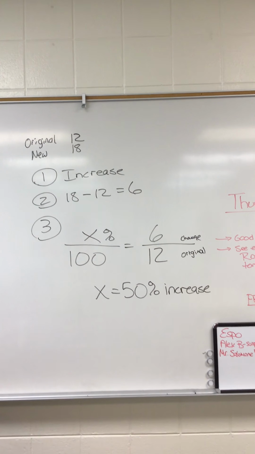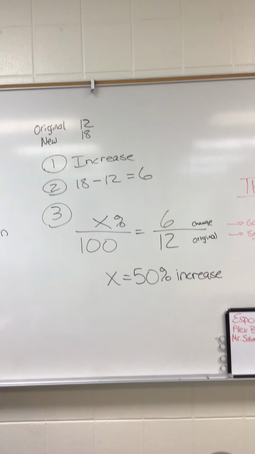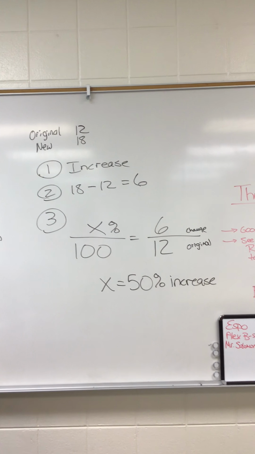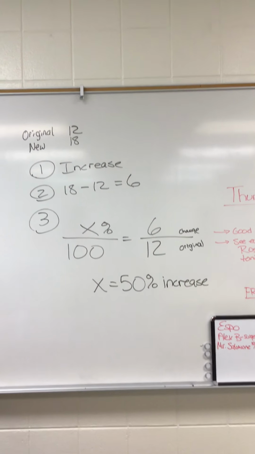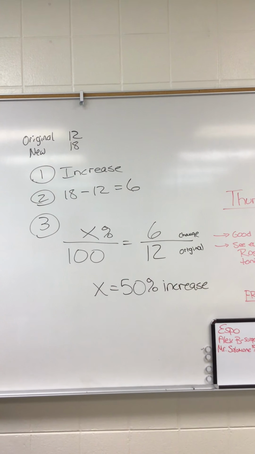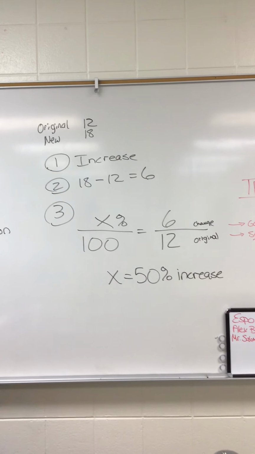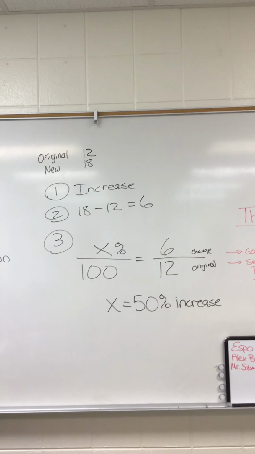So I want to know what percent 6 is of 12. I can reduce, I can cross multiply, I can calculate this however I want. I don't see a relationship of numbers, so I would reduce, and I know that 6 over 12 is 1 over 2, which is certainly 50%. And I already had in step 1 that it was an increase. So 50% increase.